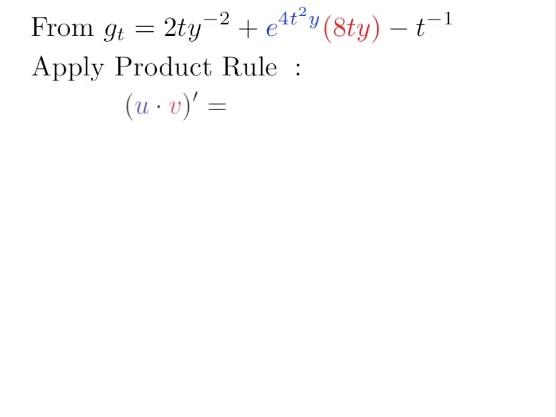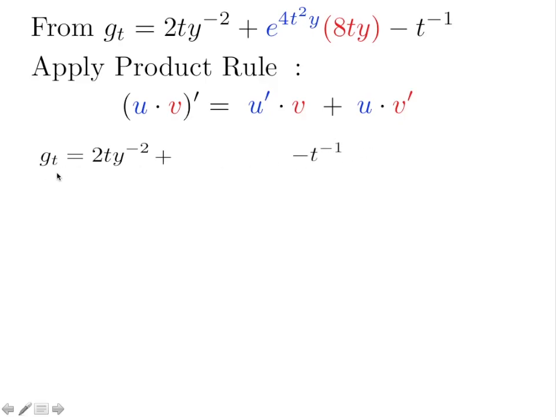The product rule: I have the function u multiplied with v. The derivative of that is equal to u prime times v plus u times v prime. Here I want to point out that the first term and the last term in g sub t are easier to find partial derivatives of.